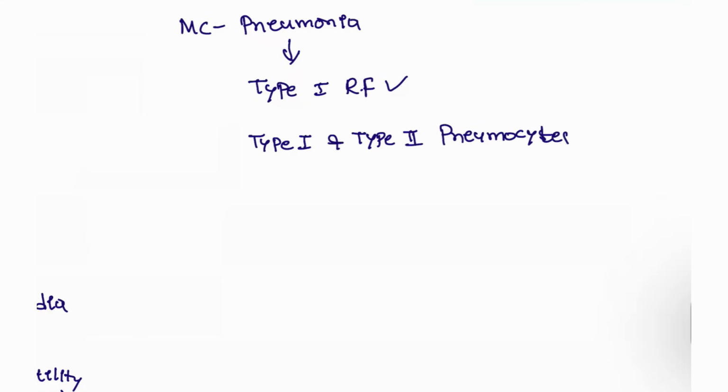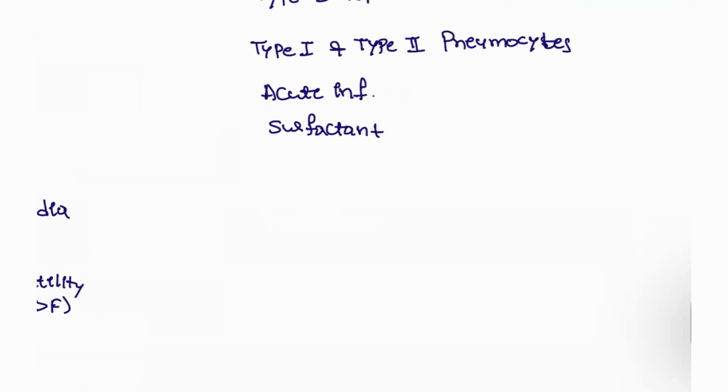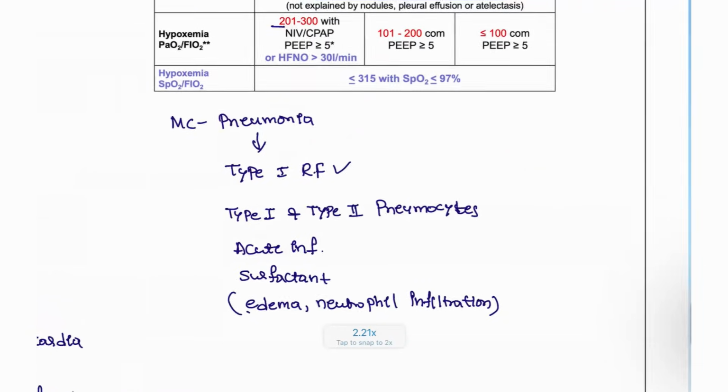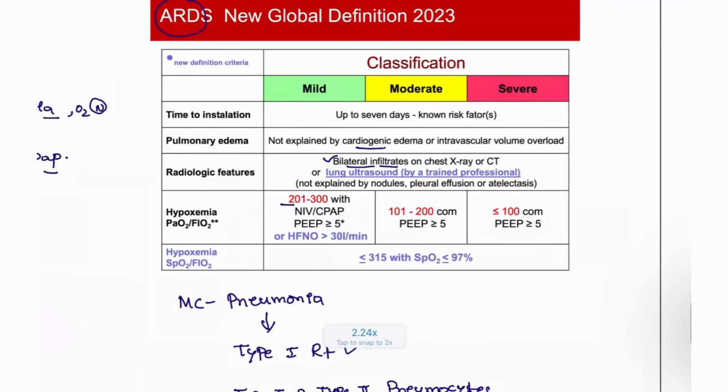This destruction will cause acute inflammation, and furthermore it is also going to damage the surfactant. All this will lead to edema and neutrophil infiltration, right? Acute inflammation. So this is going to damage the lung parenchyma due to the infection.